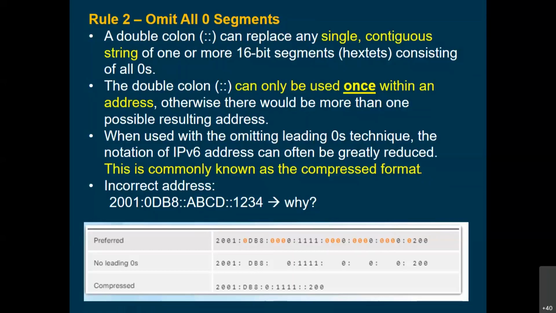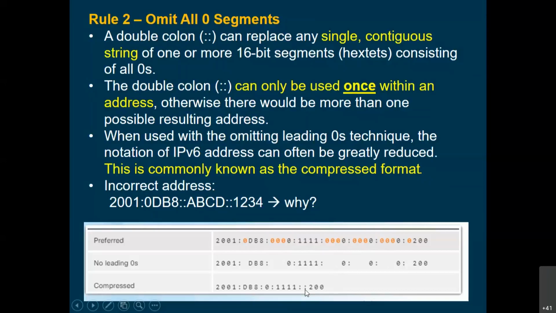Now, one thing to remember here is this. You can only use it once. So in this example, you have an all zeros hextet here, an all zeros hextet here, and then you have 3 at the back. You either choose to use it in front or at the back. You cannot use both. In this example here, what it did was that it took the 3 at the back and replaced it with that.